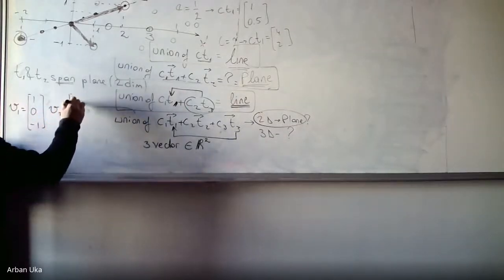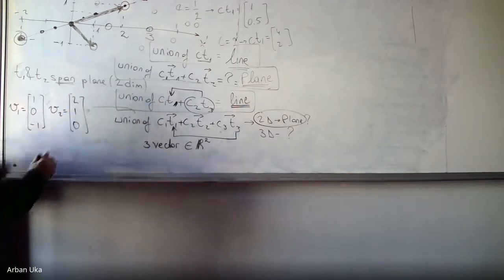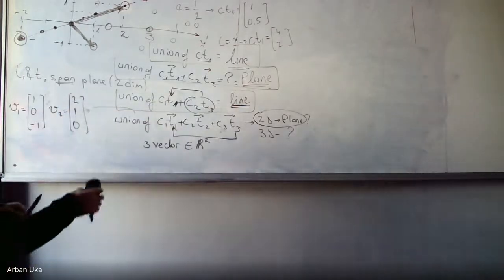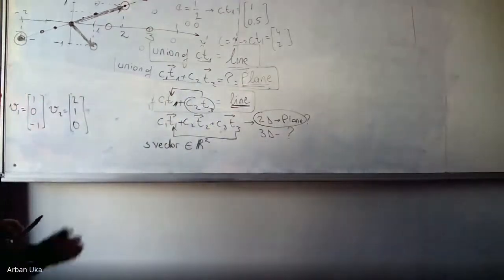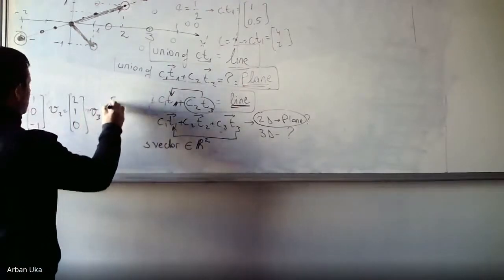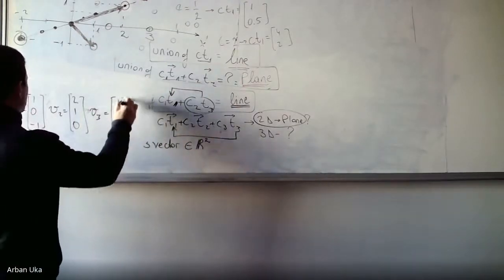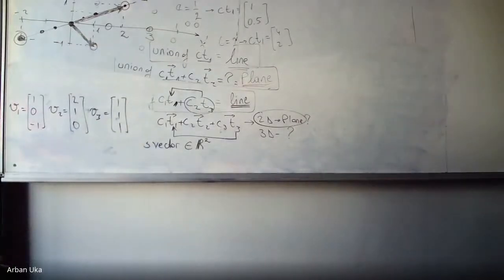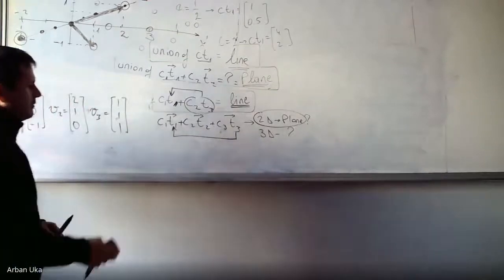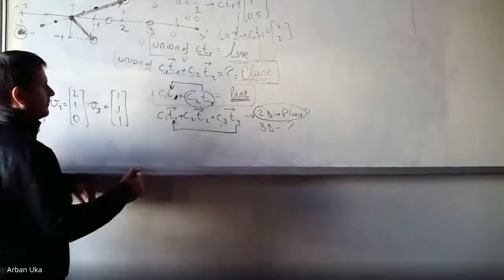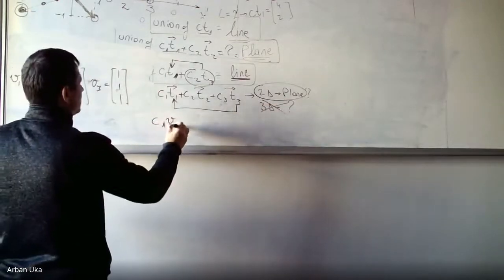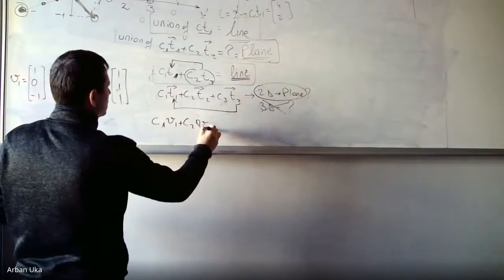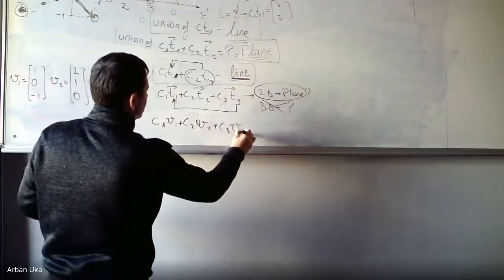V2 is equal to (2, 1, 0). And V3 is equal to (1, 1, 1). Okay? So what could be the union of these three vectors? Which means, what is C1 V1 plus C2 V2 plus C3 V3?